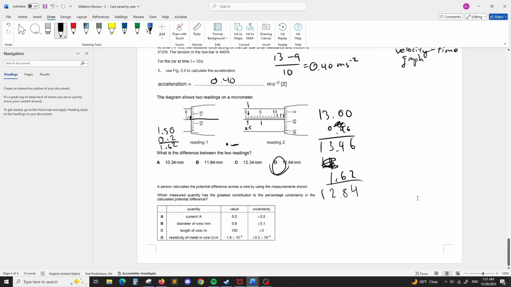A person calculates the potential difference across a wire using the measurements shown. Which of the measured quantities has the greatest contribution to the percentage uncertainty in the calculated potential difference? Okay. So you kind of have to know how to calculate potential difference.